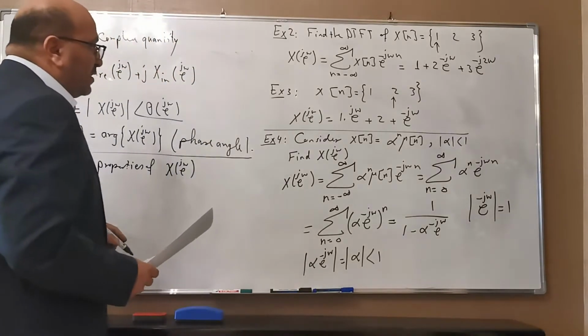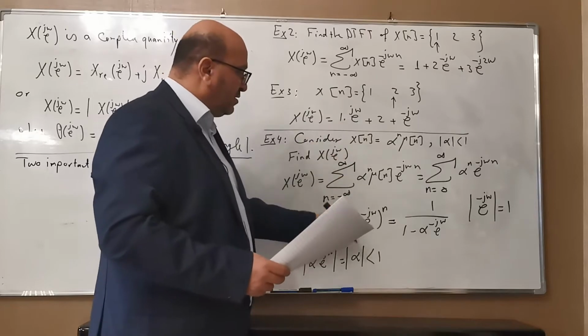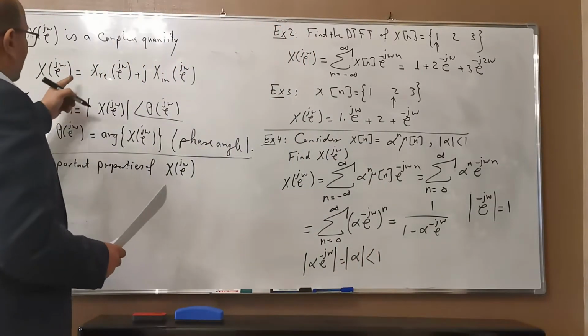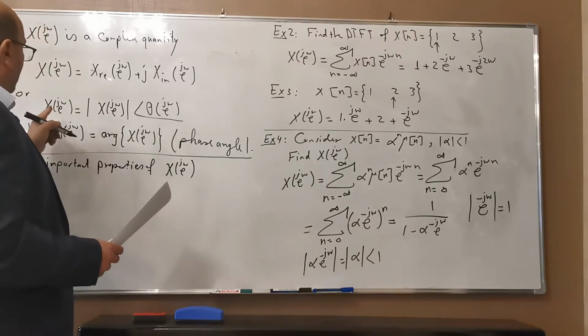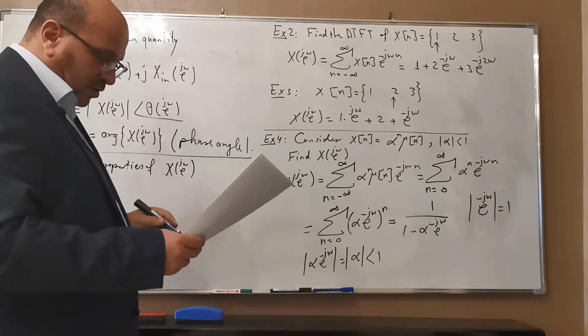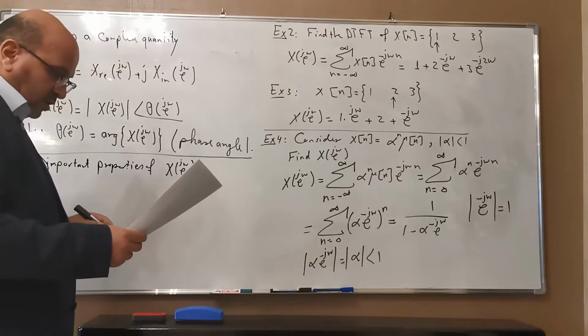The first property, and you can see it from all the functions and examples that we have here, is that although x of n is discrete, X of e to the j omega is a continuous function of omega.